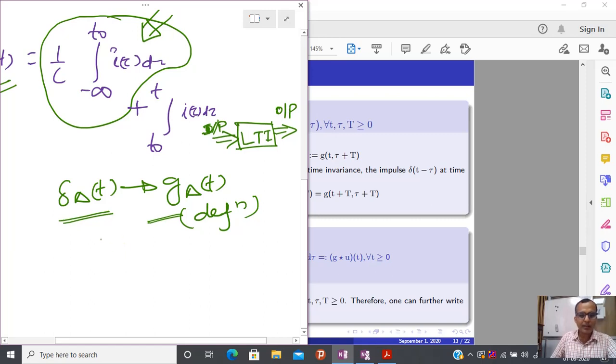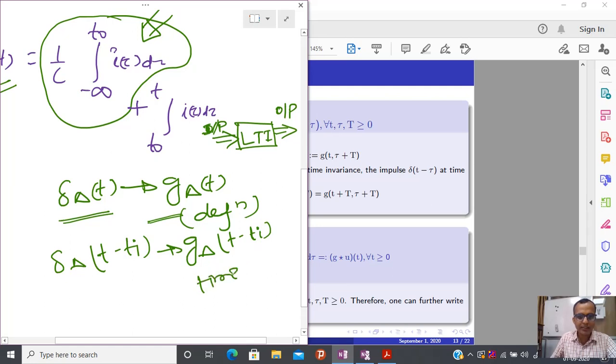Now since this is a time invariant system, I am going to shift this value by t minus ti. So automatically this is going to shift to g of delta(t minus ti), and this property is due to the time shift property.